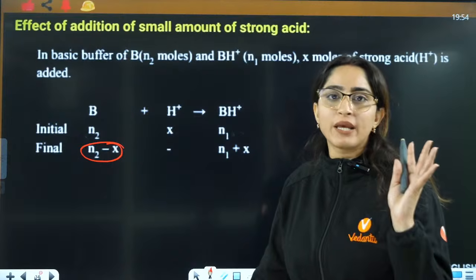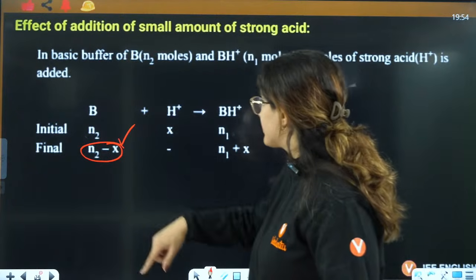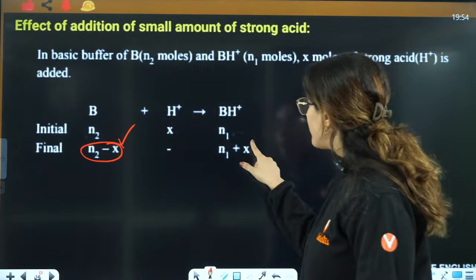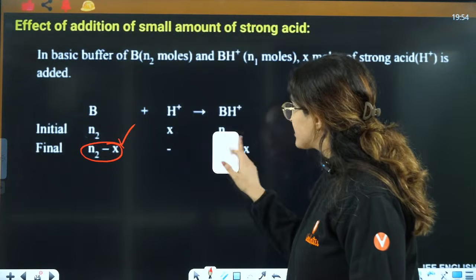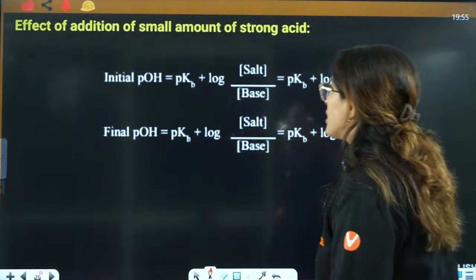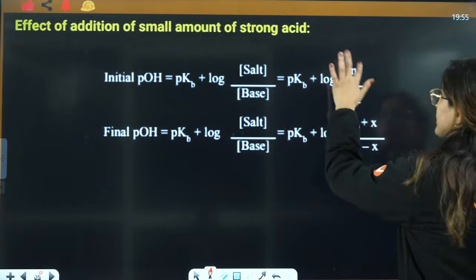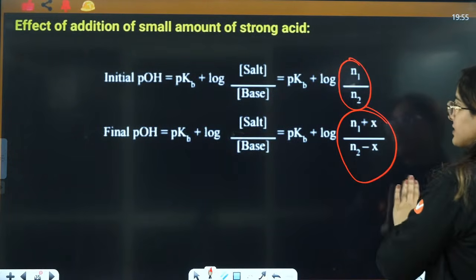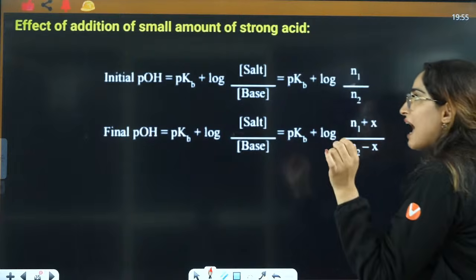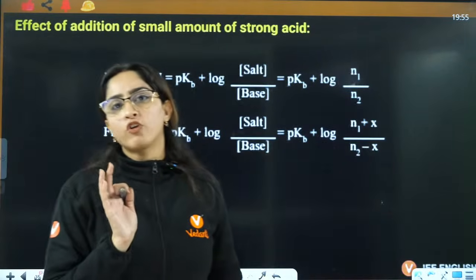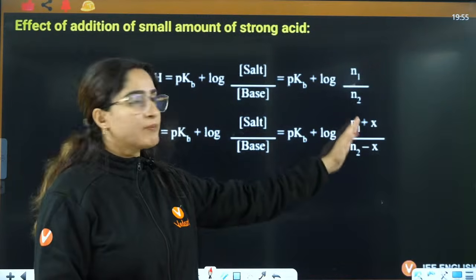X amount of B is reacted. This will become N2 minus X. Here, how much amount of BH positive is formed? X amount of it is formed, so it is added here. And if you put it in the equation of pOH here, this is N1 plus X by N2 minus X. As X has a very small value, if you add a very small amount of acid, then the overall effect will be 0.